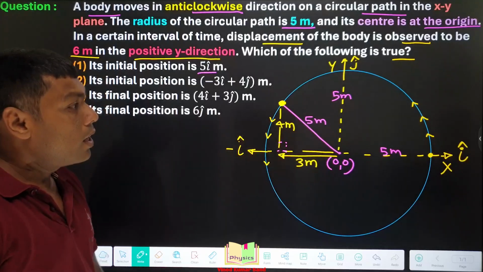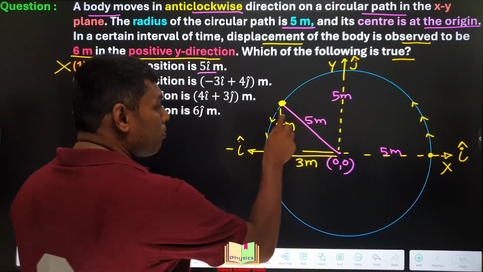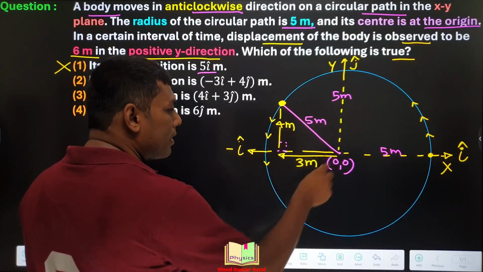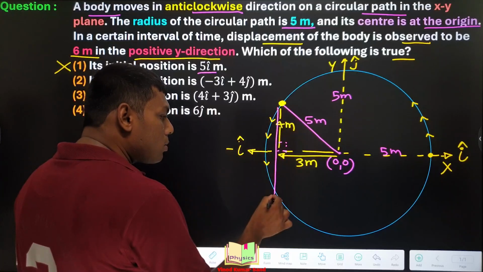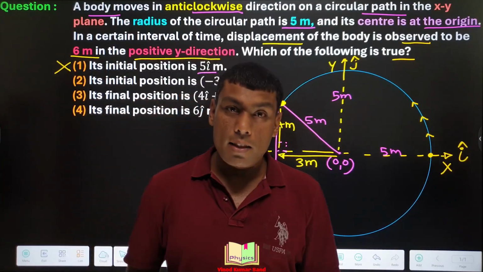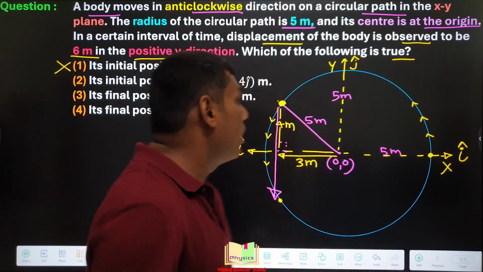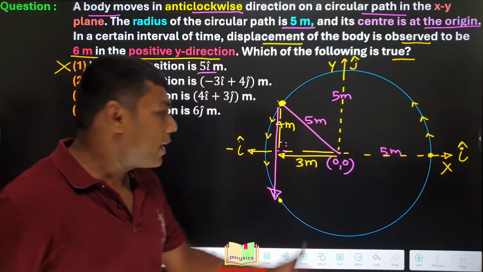Now check it. What would be the displacement of the particle? If particle goes down like this and let's say particle reaches somewhere here, then its displacement would be directed from initial position to final position like this in y direction. And that displacement is negative. We require displacement along the positive y direction.